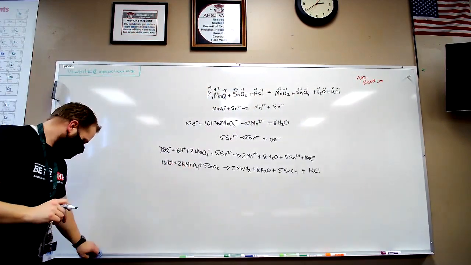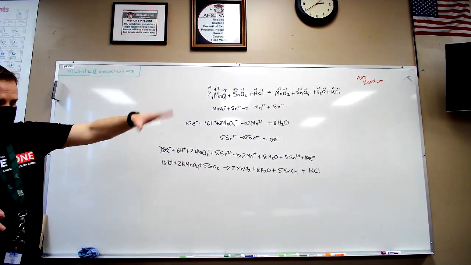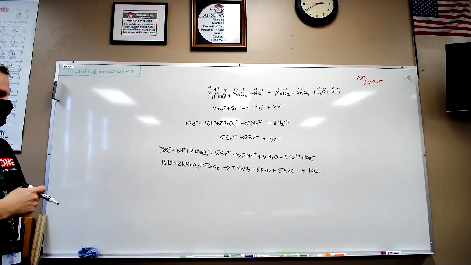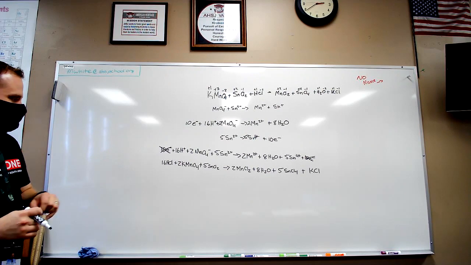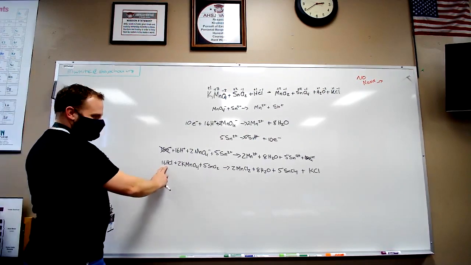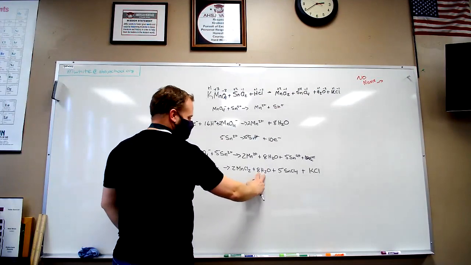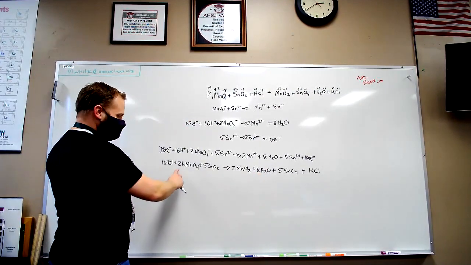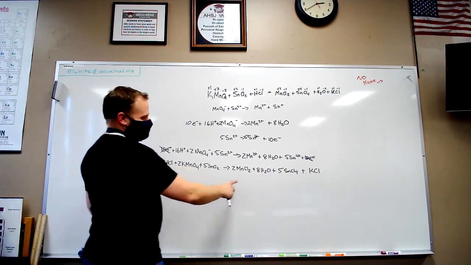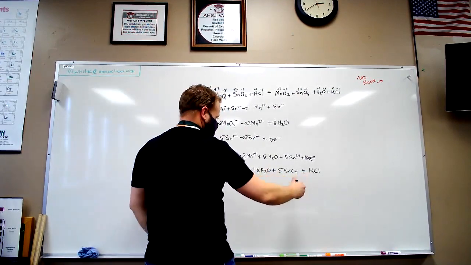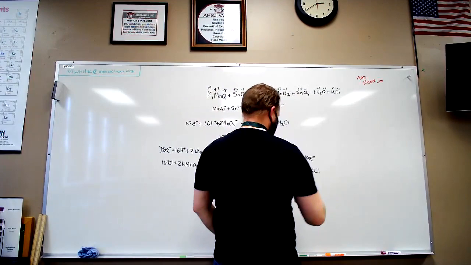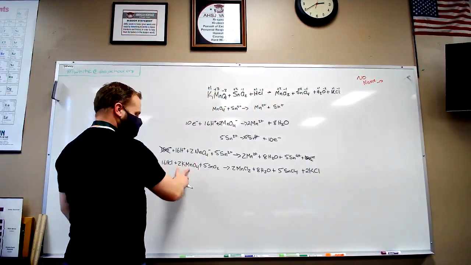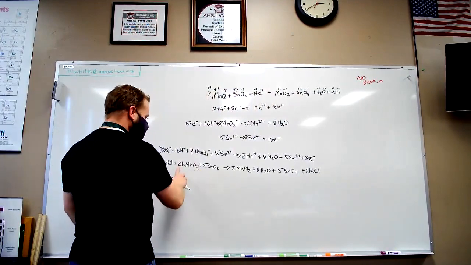And now, because we had to put one thing back in, we just have to double check, make sure everything is still balanced. So our hydrogens, we've got 16 here, we've got 16 there. Our potassium, we've got 2 here, we only got 1 there. Let's put 2 there. Manganese, 2, 2.